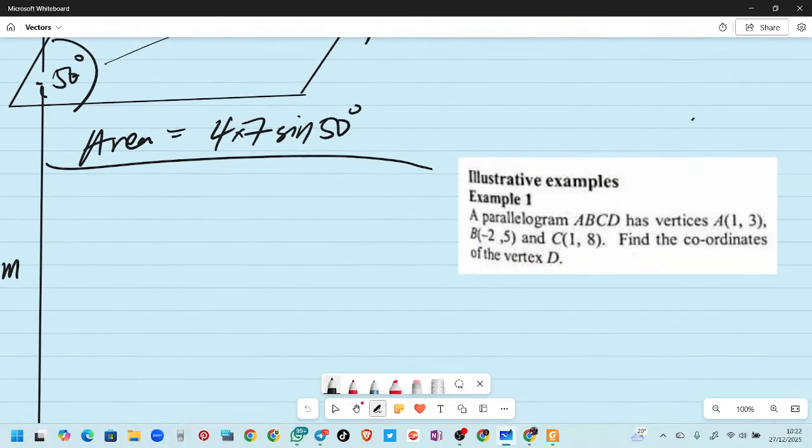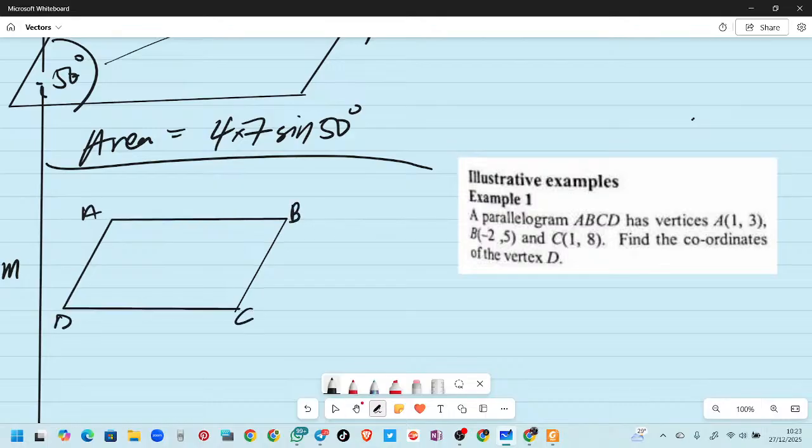You see, a parallelogram has vertices one, three. So let's draw the parallelogram. So A, B, C, D. A is 1, 3, B is negative 2, 5, C is 1, 8.